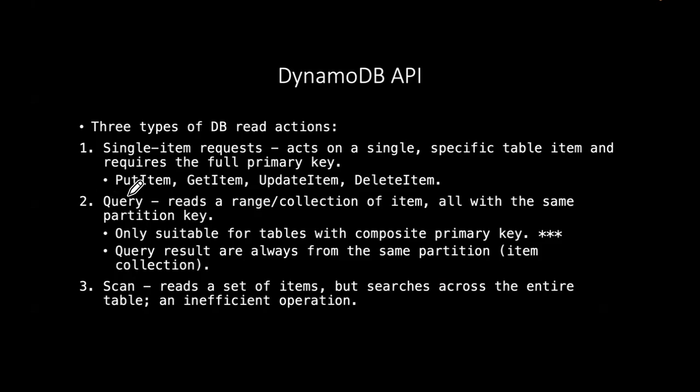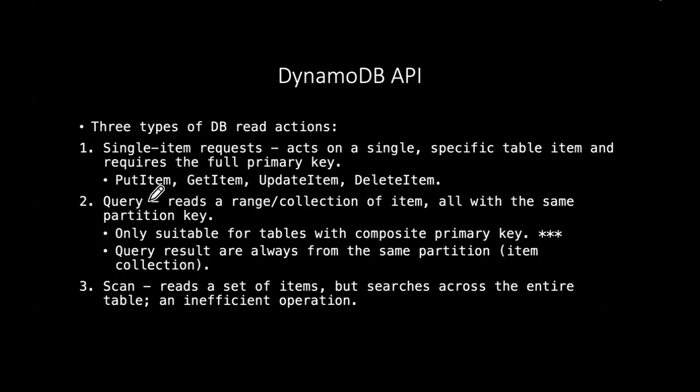So you can only run a query against a table that has a composite primary key, and the query criteria has to be based on the individual parts of the primary key, that being the sort key and the partition key. Yeah. So that's what we're saying here.